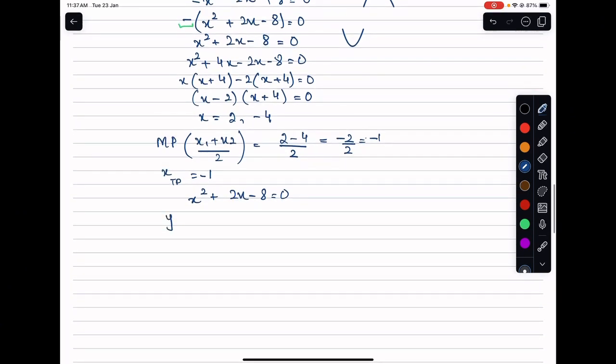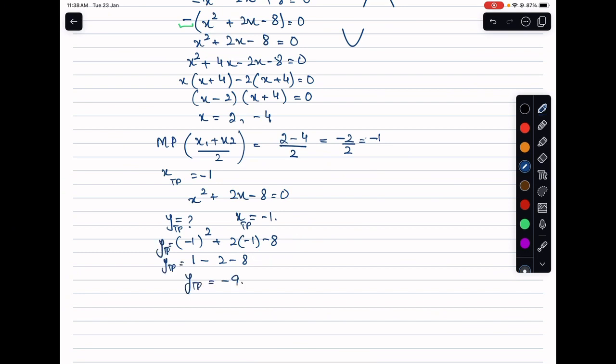So to find the y coordinate of the turning point, I know that the x coordinate of the turning point is negative 1. Substitute negative 1 in the equation. It's negative 1 the whole squared plus 2 times negative 1, minus 8, or 1 minus 2 minus 8.